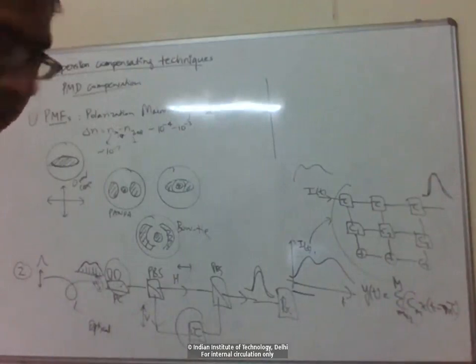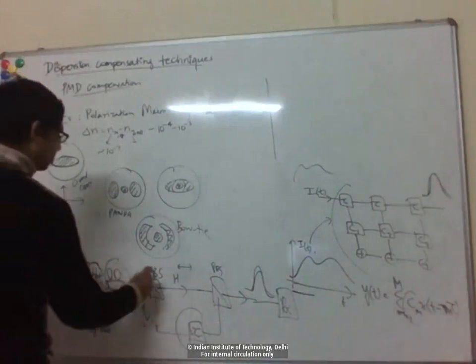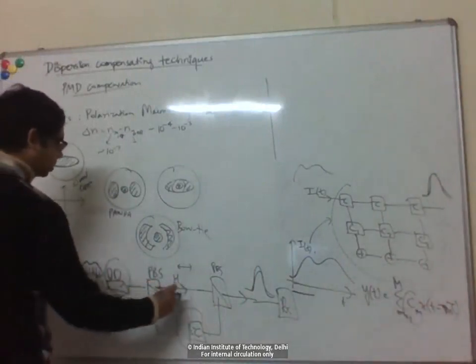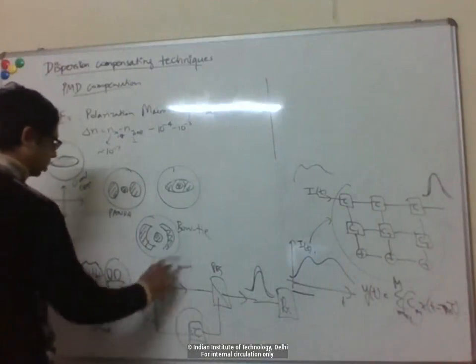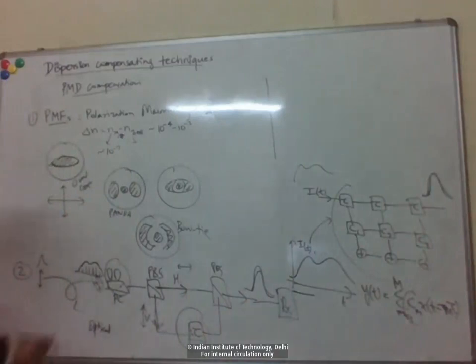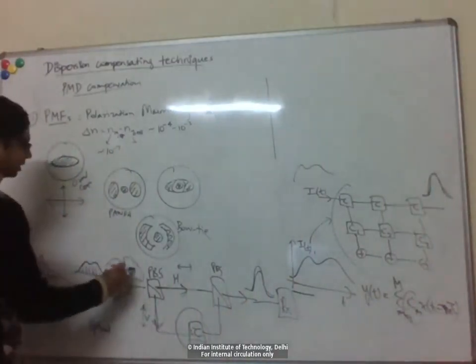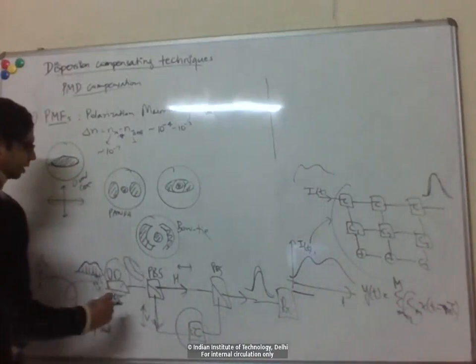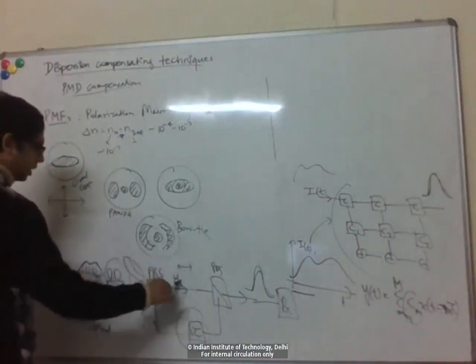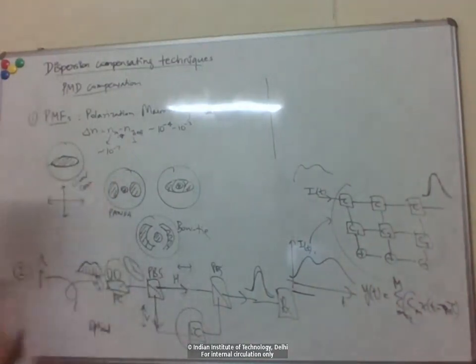There's a question: what is a PBS? So it's a polarizing beam splitter, right? Basically, it splits the horizontal and vertical polarizations, the two orthogonal polarizations, into two different paths. If you have some incoming polarization, which is generally some elliptical polarization, then you can write it as a superposition of H and V, with some phase difference.